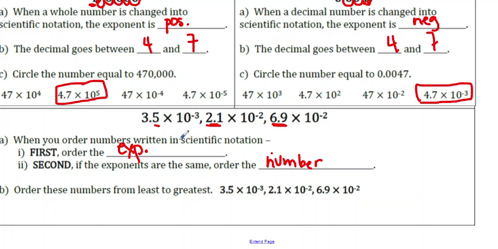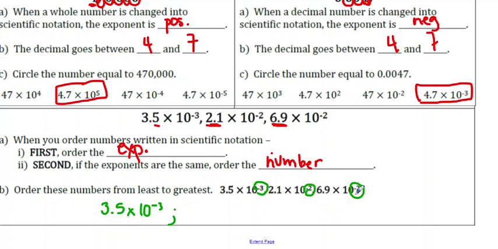All right, so let's do this example really quickly together. I've got these 3 scientific notation questions. So first thing I do, -3, -2, -1. Since -3 is smaller than -2 and -1, obviously 3.5 times 10 to the -3rd is going to be the smallest.